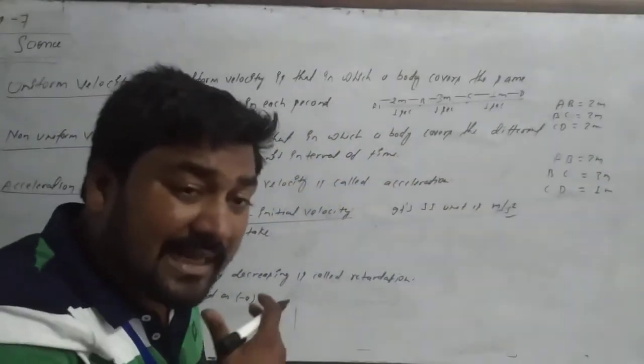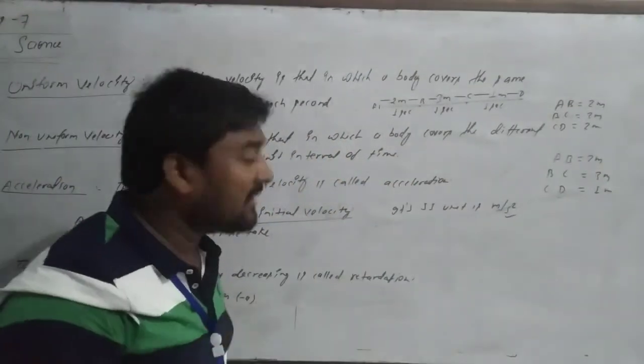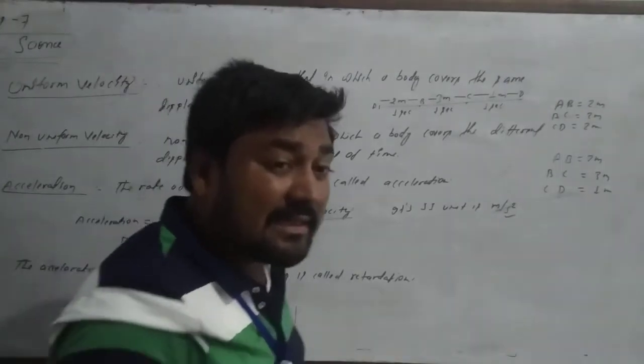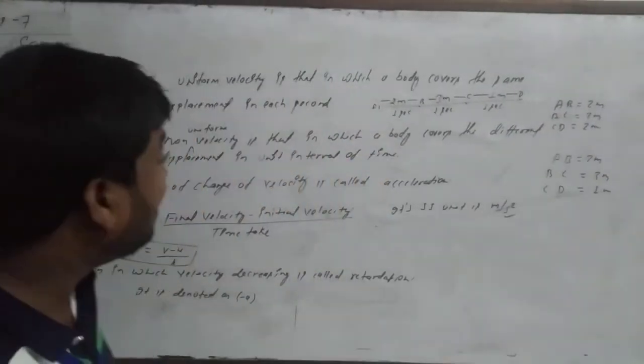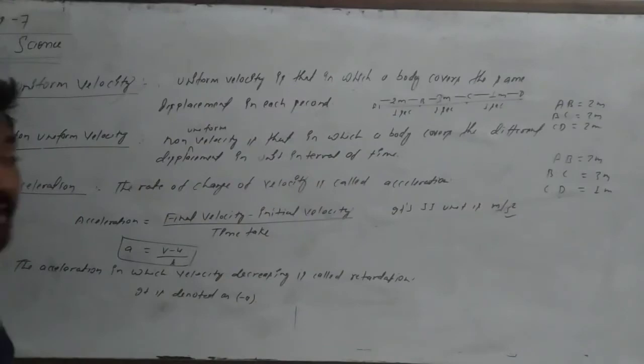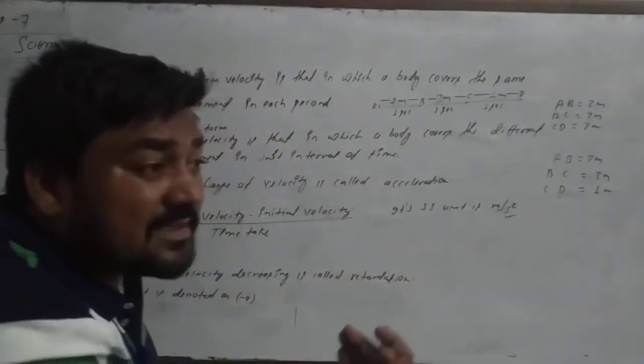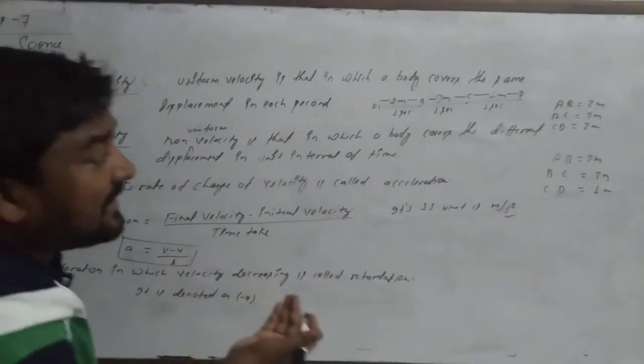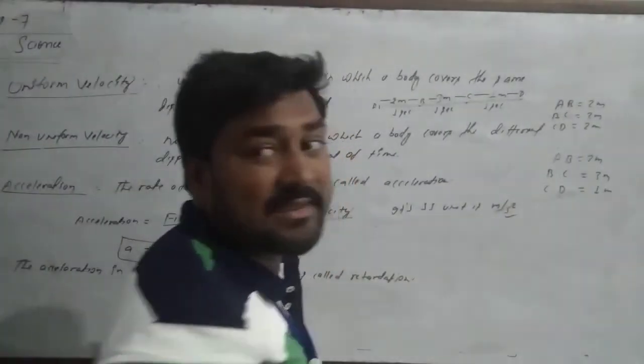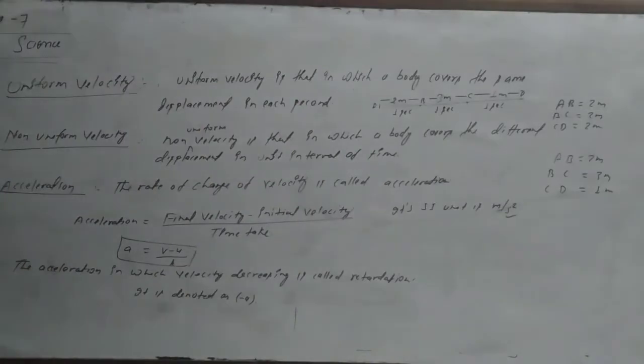It means the time is the same, 1 second, but its velocity increases and decreases. Displacement is sometimes 2 meter, next 3 meter, like this, decreasing and increasing.